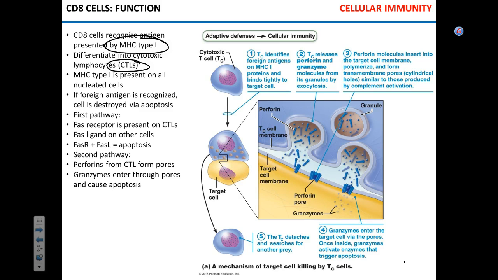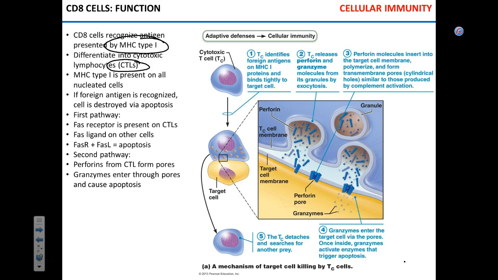So those CTL, cytotoxic lymphocytes, they go into the circulation and go around the human body, and if they recognize the cell with the same antigen that was presented to them, they kill it. And remember, they recognize antigen presented by which type of MHC? One which is present on all nucleated cells, so they can recognize that precise particular antigen on hepatocyte, fibroblast, splenocyte, epithelial cell, muscle cell, whatever.